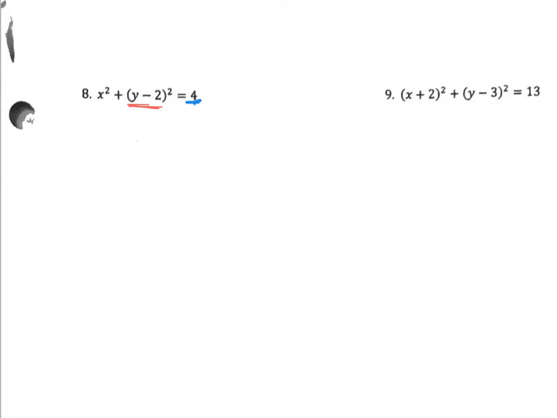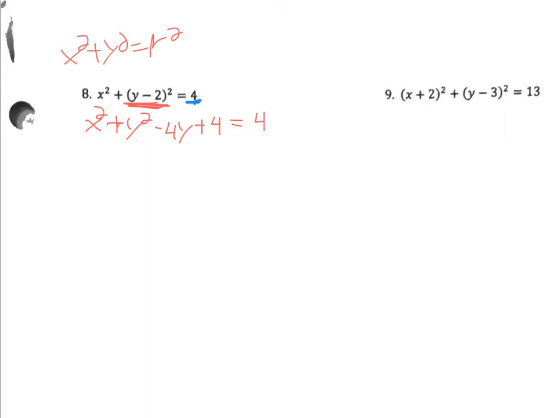I want to get x squared plus y squared, because remember, x squared plus y squared equals r squared. In order to get that, I'm going to FOIL this out. So I'm just going to bring down the x squared. When I FOIL out y minus 2 squared, we get y squared minus 4y plus 4 equals 4.